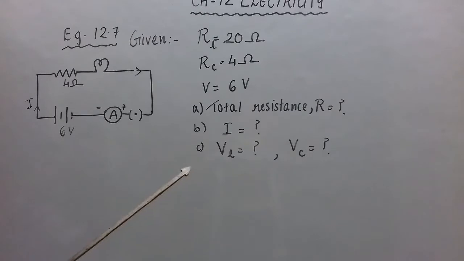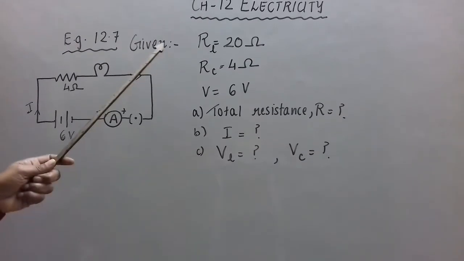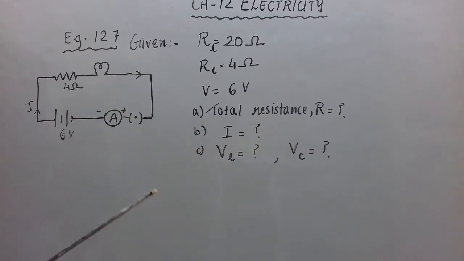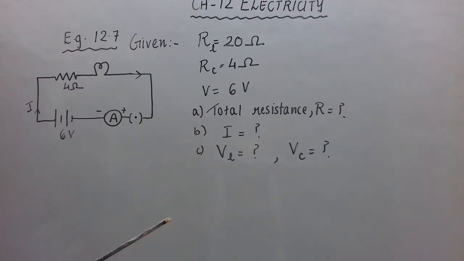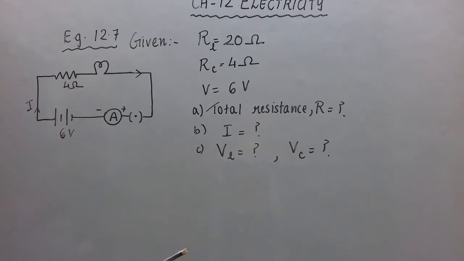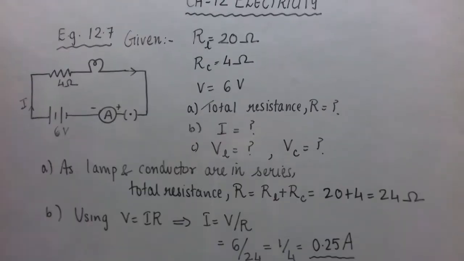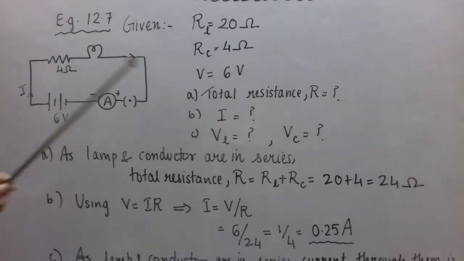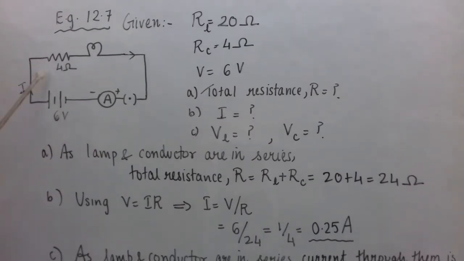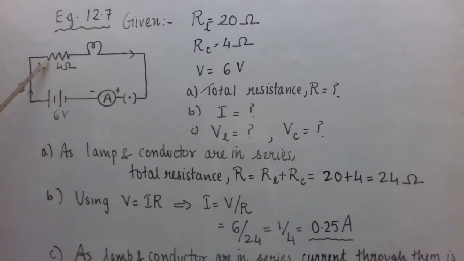So let us see the solution of this. Now all units are in the SI system only. So there is no problem of conversion, and in this chapter most probably all the units we will be considering are SI units only. So now let us do the A part. As we can look at the figure and make out, the lamp and conductor are connected in series.